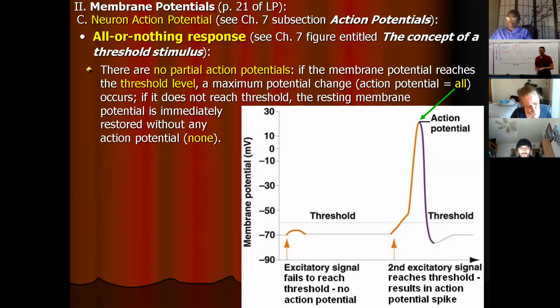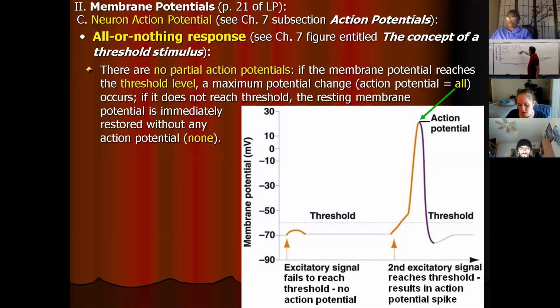All or nothing means there are no mini action potentials, there are no partial action potentials. All based on threshold. You hit minus 55, you will have the full formed action potential. You don't hit 55, it'll just return back to minus 70 without a spike.